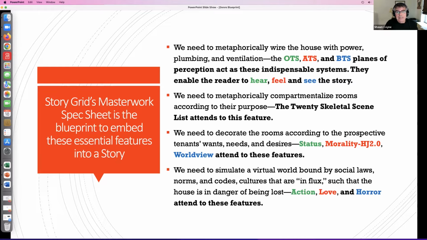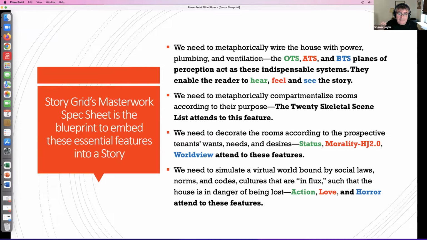We need to metaphorically compartmentalize rooms according to their purpose. That's what the 20 skeletal scene list is going to do for us. It attends to this feature. We need to decorate the rooms, so we're going to use 3 genres to decorate the rooms to express the wants, needs, and desires of our avatars. Those 3 genres are status, morality, and worldview.